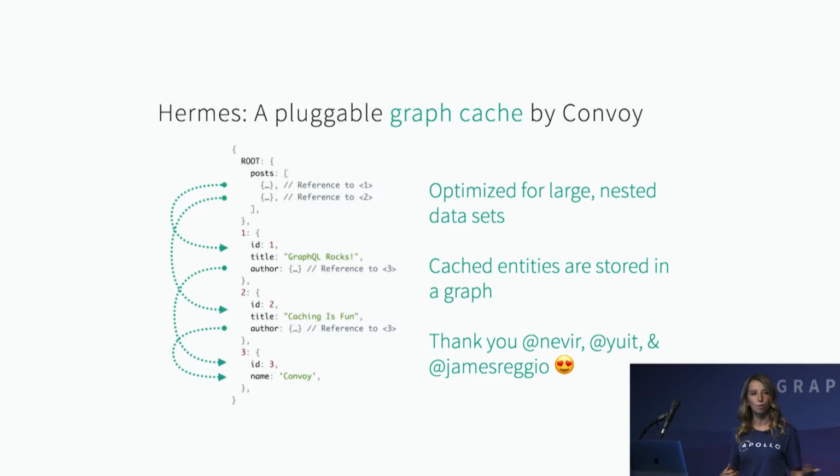They opted to build a graph-based cache instead that used references instead of an identity map, so they didn't have to reconstruct the shape of the result each time they fetched it, which resulted in a significant improvement for cache reads. Now, I think this story is really cool. It speaks to the power of the modular architecture of Apollo Client 2.0 and also the strength of our community. If you have an idea, you really can build it, and I think we'll see a lot more of these custom caches for things like local storage in the weeks to come.